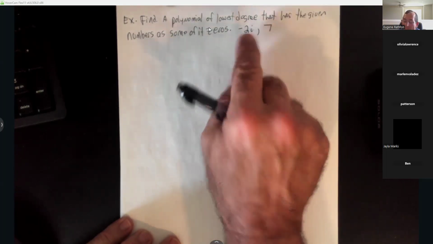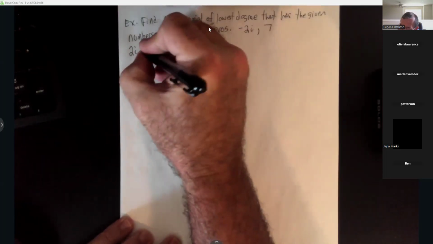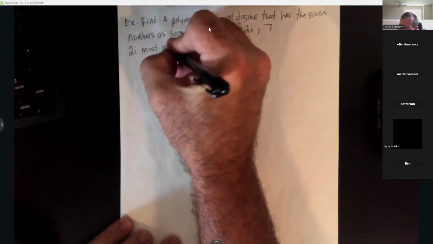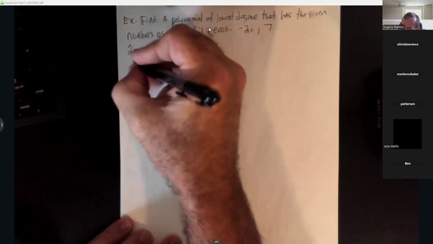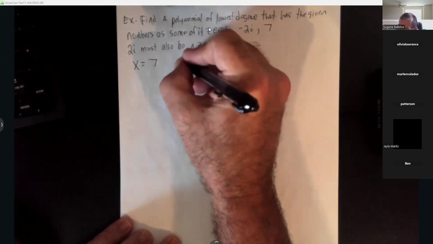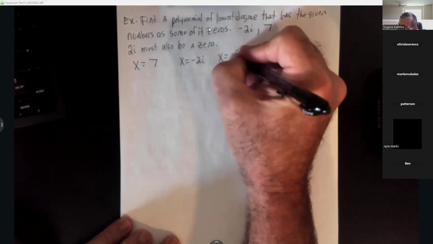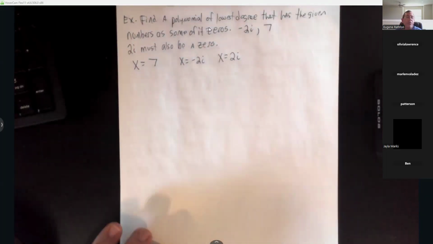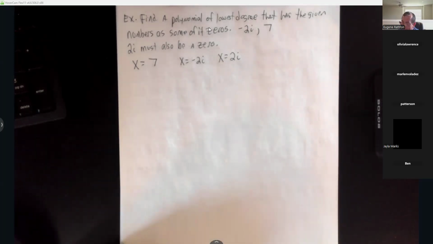Since they gave me these two zeros, that means 2i must also be a zero. So that means we're going to have x equals 7, x equals negative 2i, and x equals a positive 2i. So if they give you imaginary, you got to automatically assume that its conjugate is also a zero, okay?